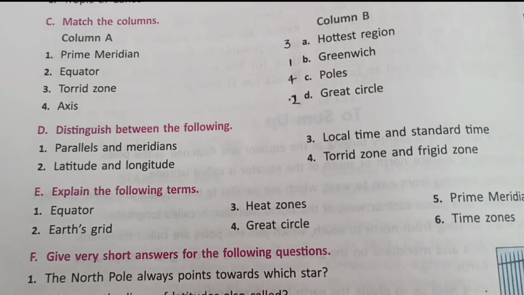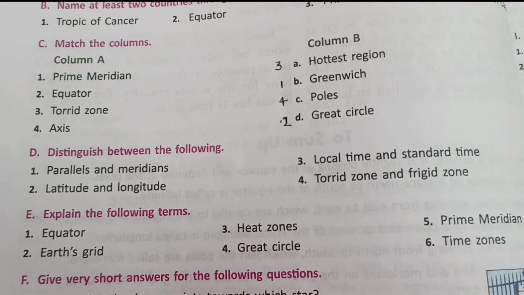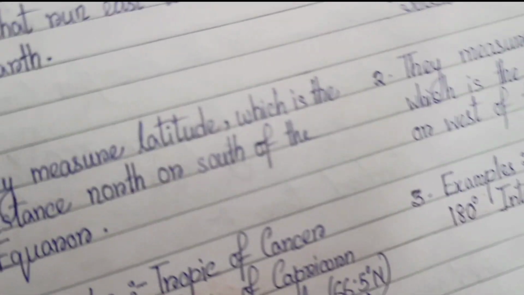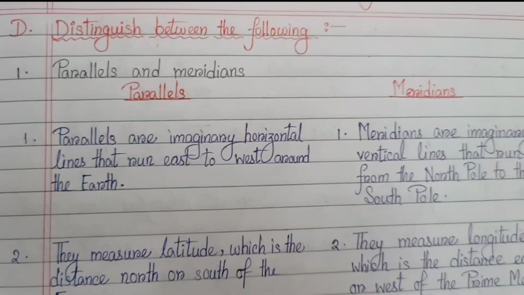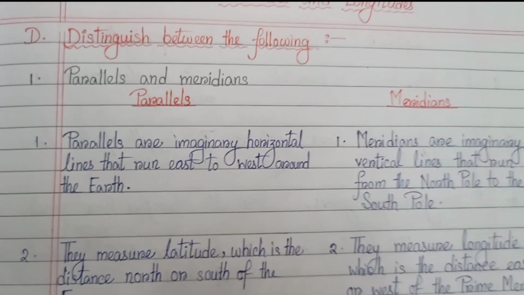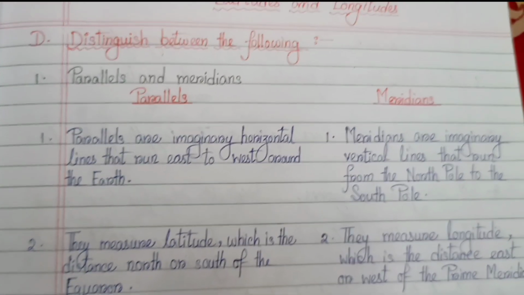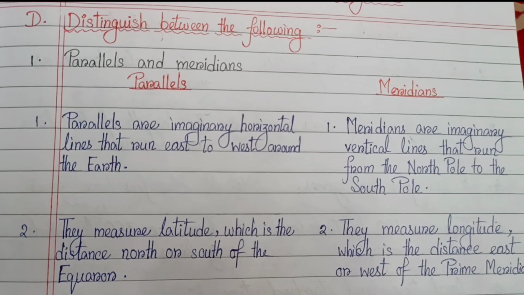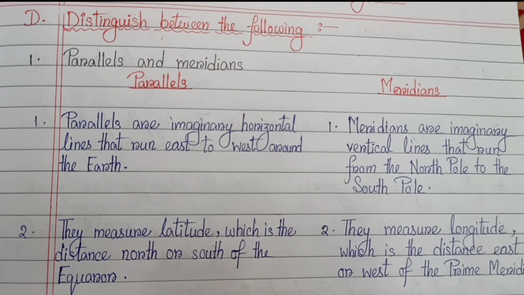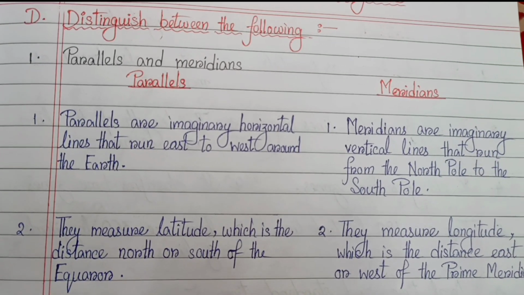Now number D, distinguish between the following. Number 1, parallels and meridians. Under parallels, number 1, parallels are imaginary horizontal lines that run east to west around the earth.